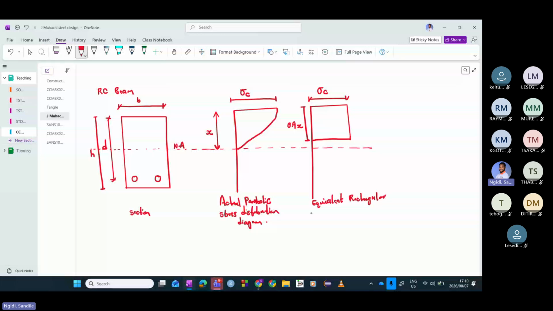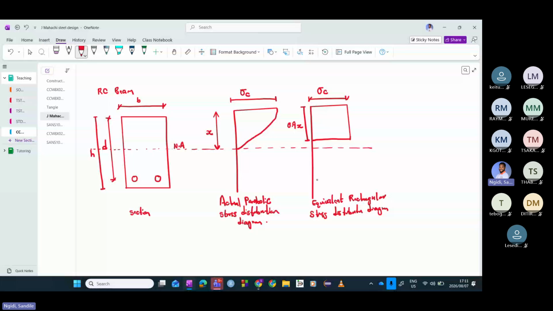distribution diagram. This is what we have, and obviously there are forces that are experienced here due to the tensile reinforcing bars.